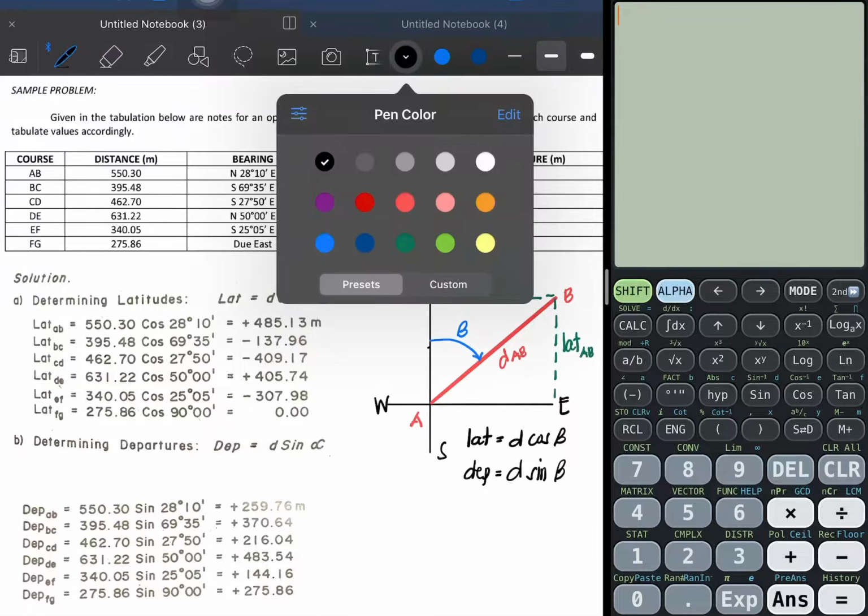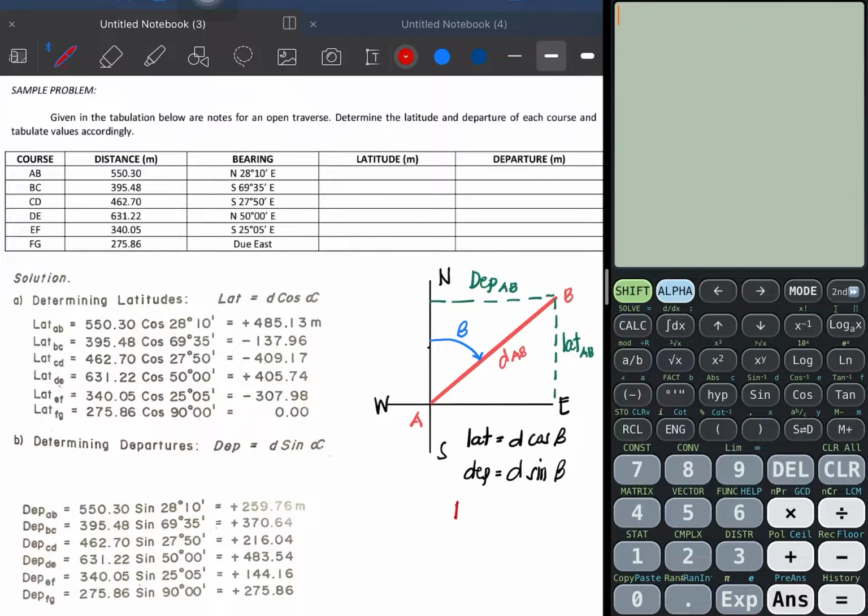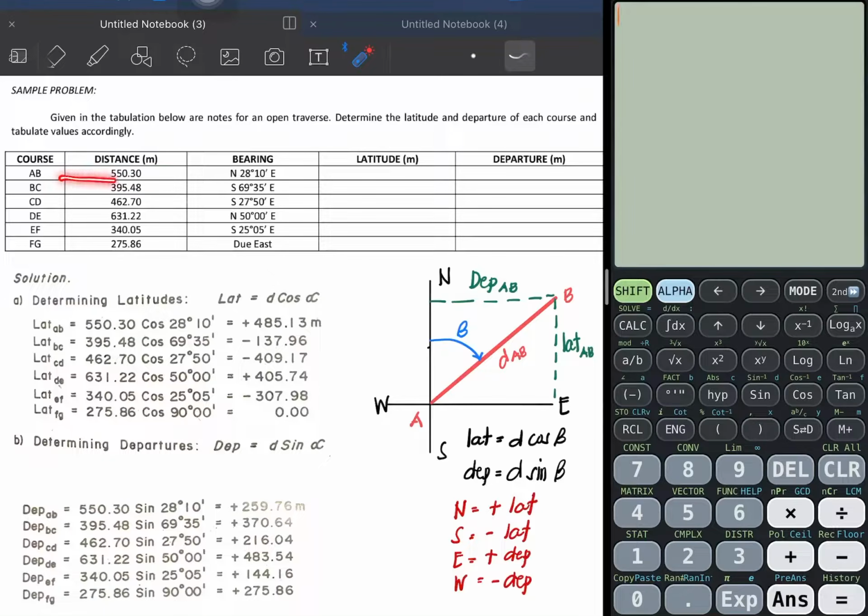There is also a sign convention: north is positive latitude, south is negative latitude, east is positive departure, and west is negative departure.